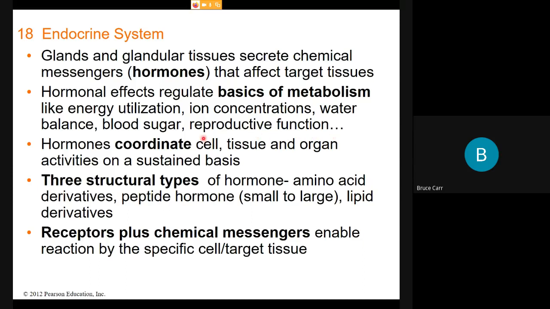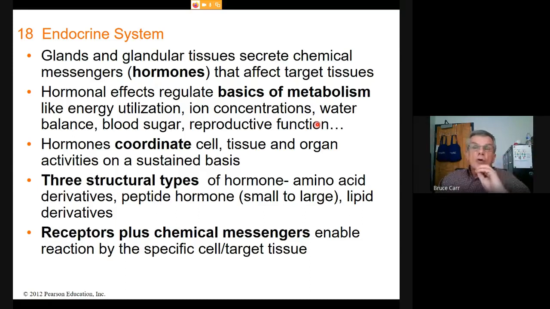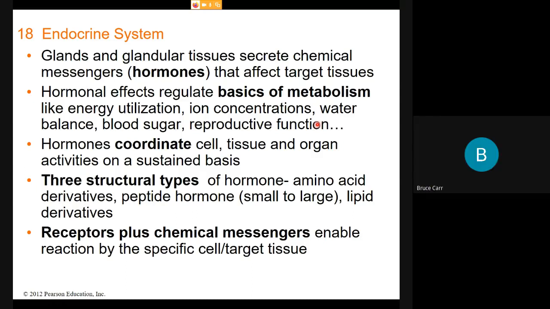Reproductive function is something that's regulated by hormones, and these three dots indicate that this is a very incomplete list. We can talk about regulation on a cell or a small group of cells, on a tissue within an organ, on an entire organ's activities, turning it off and on, or even a coordinated, multi-organ response that has a whole body effect.